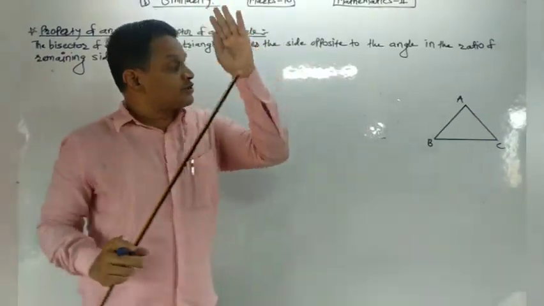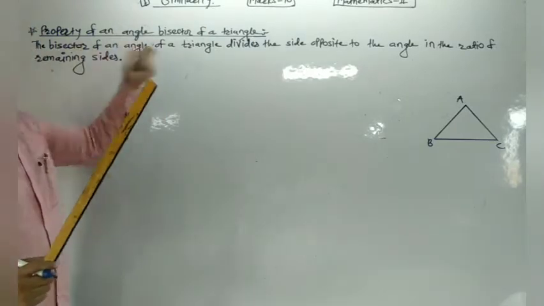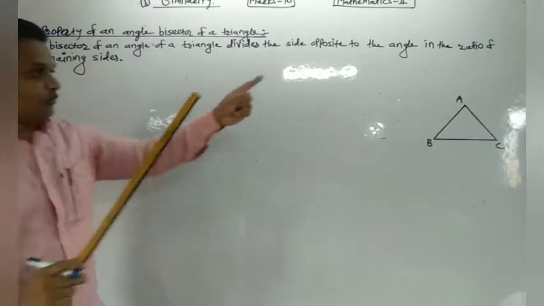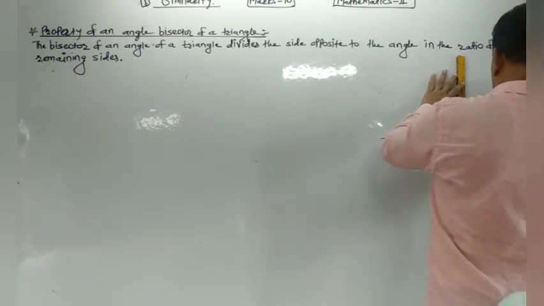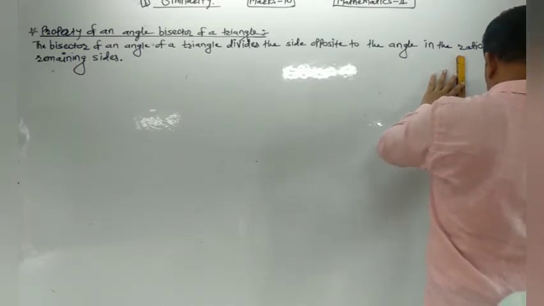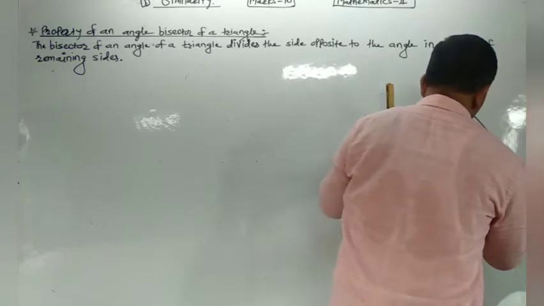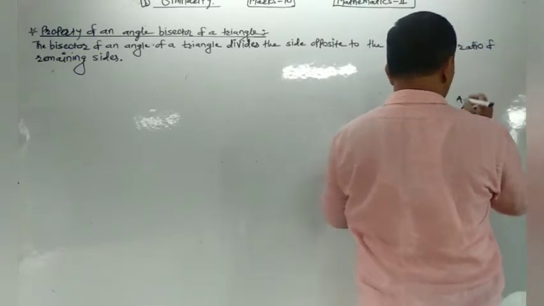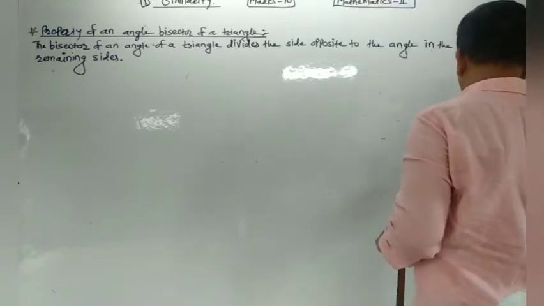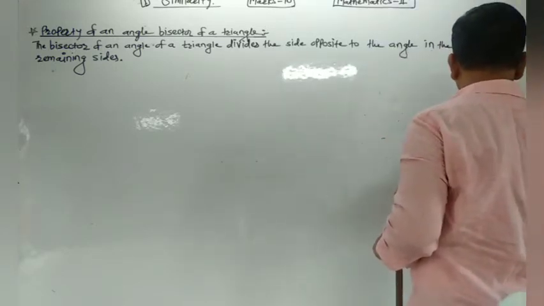Now I am going to draw the bisector of an angle, the bisector of angle A. Ray AD is the bisector of angle BAC, means these two angles are equal.